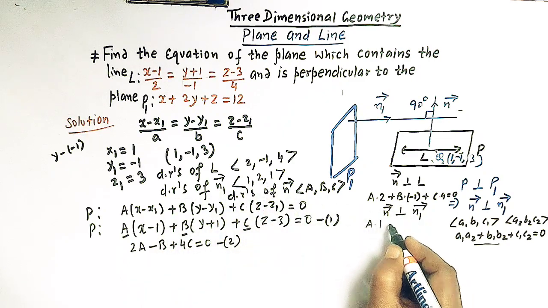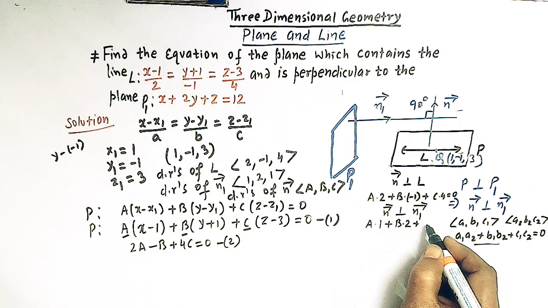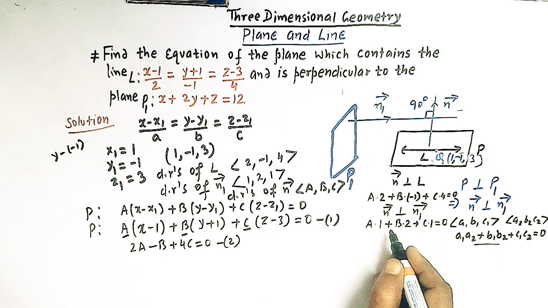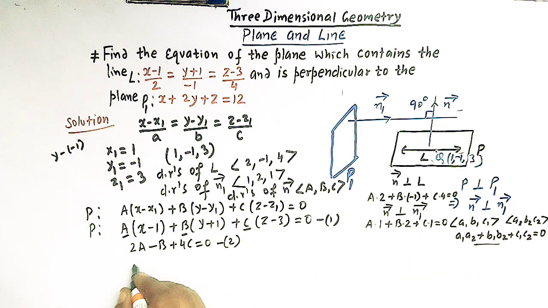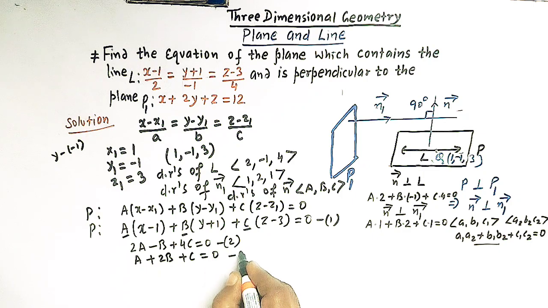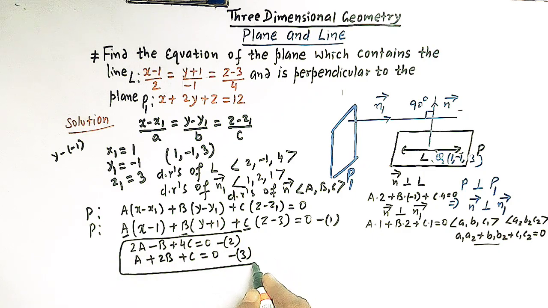So we have A times 1, plus B times 2, plus C times 1 is equal to 0. So again we have another equation in three variables, that is A plus 2B plus C is equal to 0.